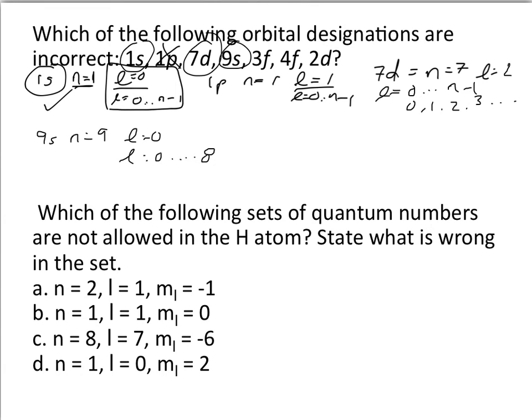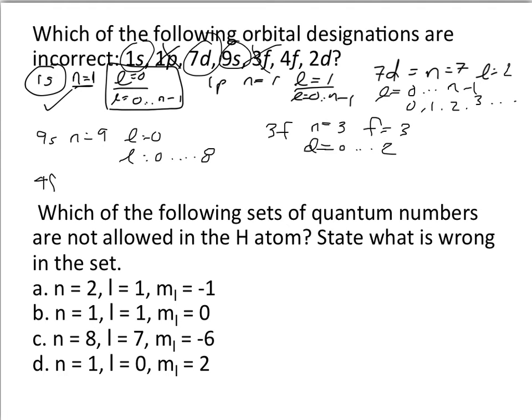Now 3f, let's look at this. n equals 3, f equals 3. L equals 0 all the way up to n minus 1, in this case 2. So the f is not an accessible orbital type for this specific example.